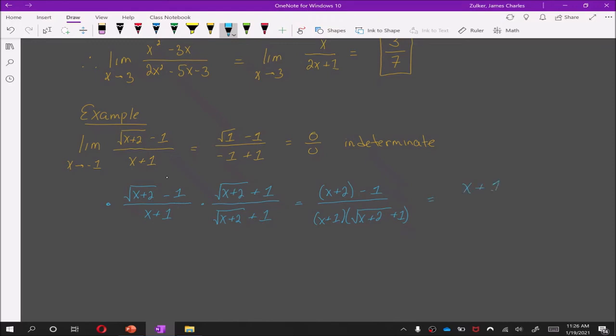Numerator will simplify to just x plus 1. Right, we can now cancel out the x plus 1's.